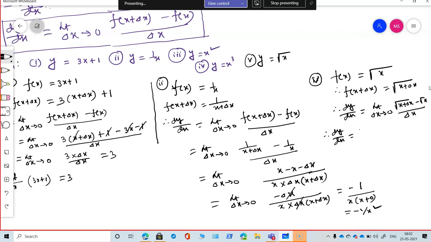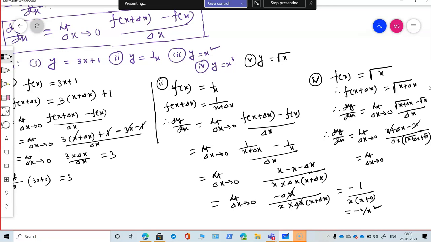We cannot put the value directly, then it will be 0 by 0. We use a very old technique, you might have done it in class 9, that is rationalization of surds. Root over x plus delta x plus root x. I am multiplying numerator by this. This is going to be x plus delta x minus x. It gets cancelled.